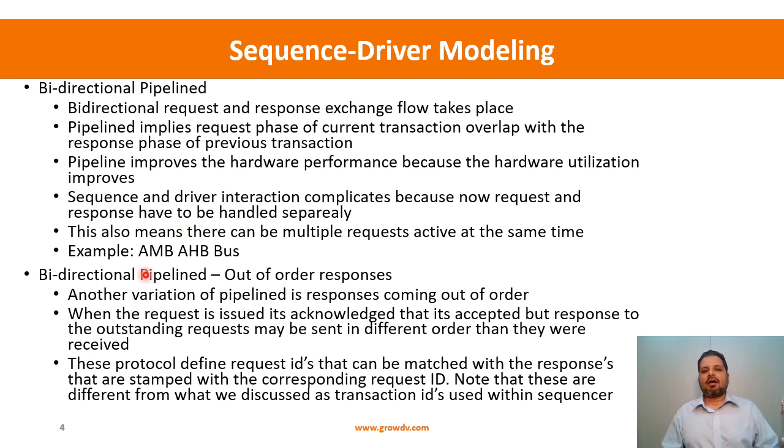Another variation is bidirectional pipelined with out-of-order responses, where the pipelined responses come out of order. When the request is issued, it's acknowledged that it has been accepted, but the responses to outstanding requests may be sent in a different order than they were received, right? So I might have, let's say, up to 16 outstanding requests that I can handle in a pipelined bus.